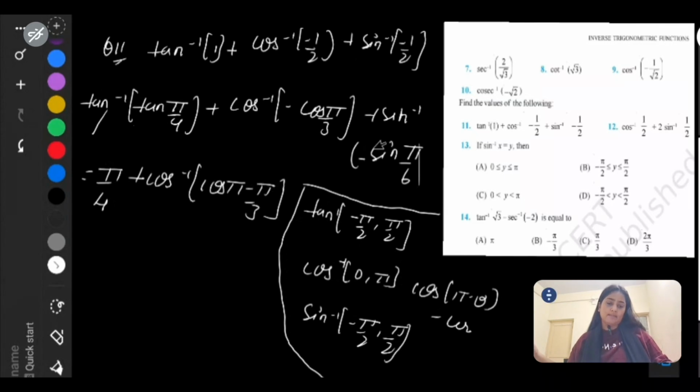And for sine of minus theta, we put it in the bracket and directly write minus pi by 6. Space is not here, so let's erase it so that I can solve on the next page.